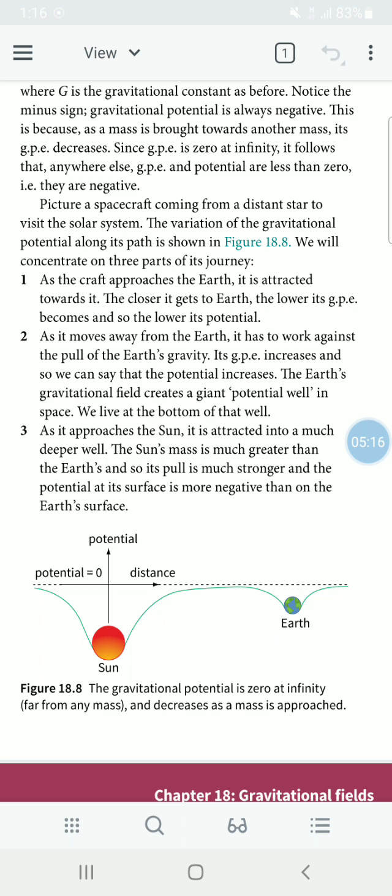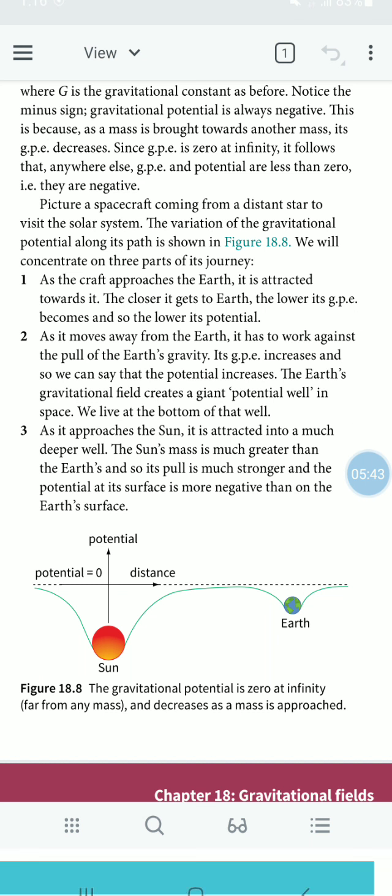As it approaches the sun, it is attracted into a much deeper well. The sun's mass is much greater than the Earth's, so it pulls much stronger, and the potential at its surface is more negative than on the Earth's surface, because it has a higher mass. So as the spacecraft moves closer to it, its potential reduces much more.